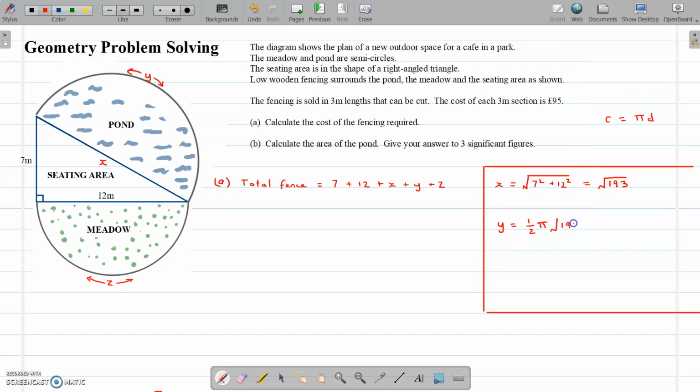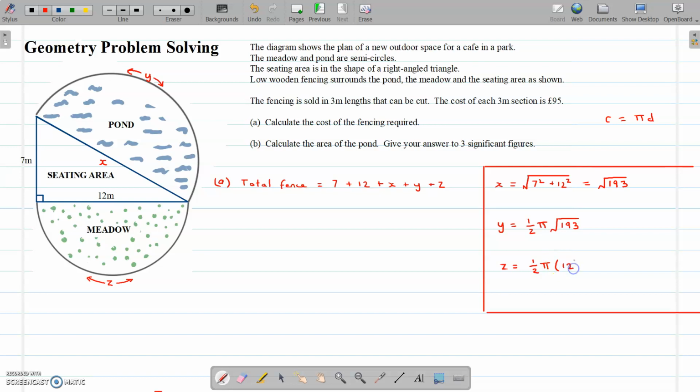Again, we'll leave it like that. We don't need to know the numerical value of that. We just need to use it in a minute in that form. And we also have Z, and Z is the same sort of thing we've just done, except for the slightly smaller semicircle, which has a diameter of 12.